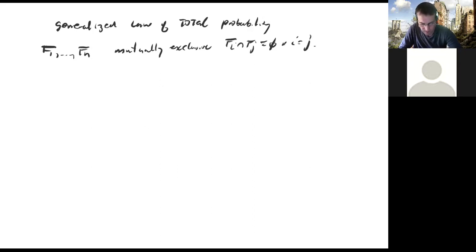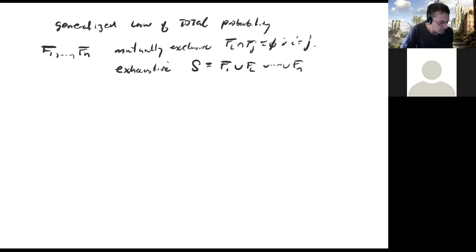And I want them to be exhaustive. So that means that the whole sample space is the union F1 union F2 all the way up to Fn. It exhausts the whole sample space.